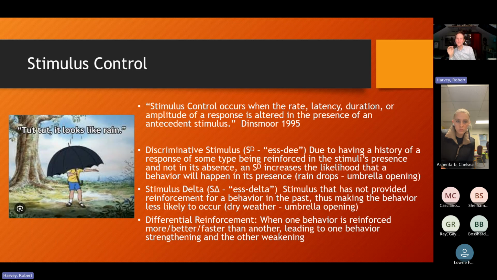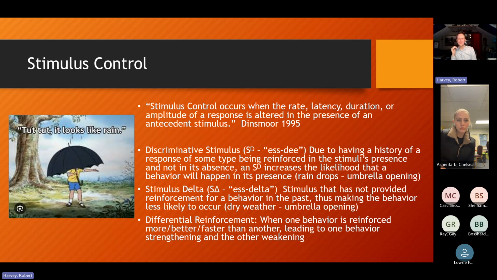Okay, so the stimulus delta, or the S delta, and that triangle should be hanging in the air as well, but even ChatGPT could not teach me how to make that happen. So you'll just have to bear with my slightly incorrect delta there. This is just something that shows that reinforcement's not available.